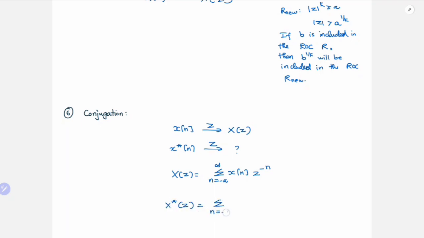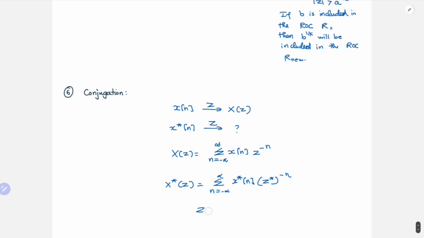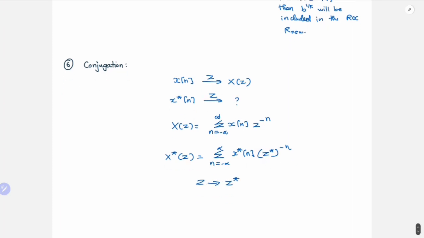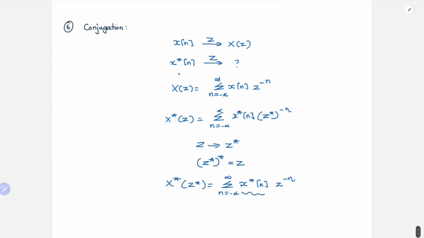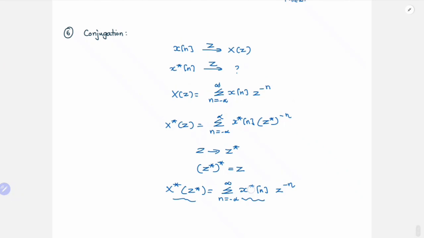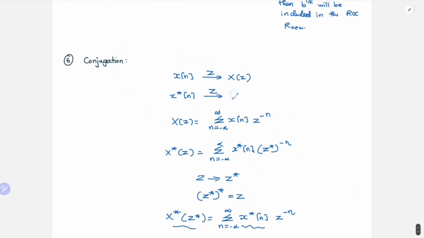So I'll have x conjugate of n and z conjugate power minus n. Again I'll replace z with z conjugate, and notice that z conjugate of conjugate is equal to z itself. So my X conjugate of z conjugate is equal to summation of x conjugate of n z power minus n. So this is my signal and this will be my Z transform, X conjugate of z conjugate.